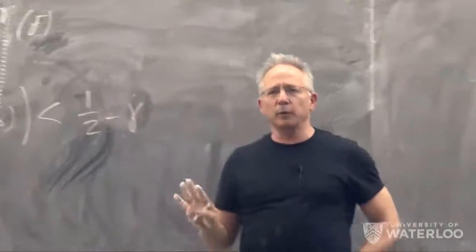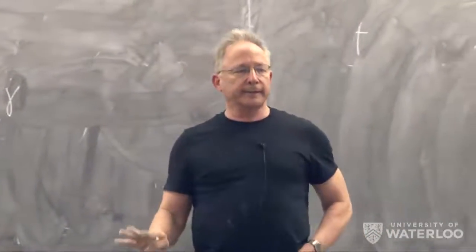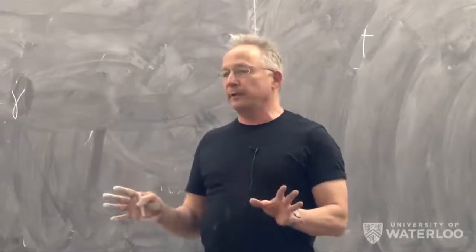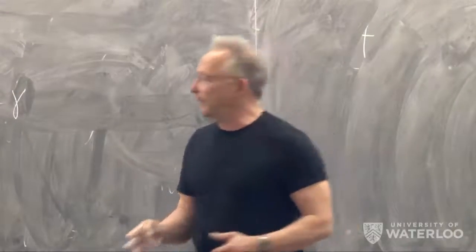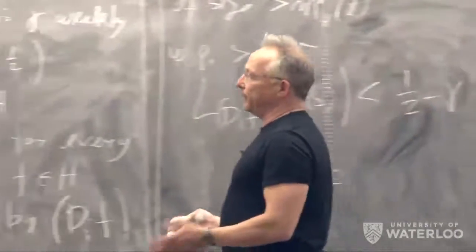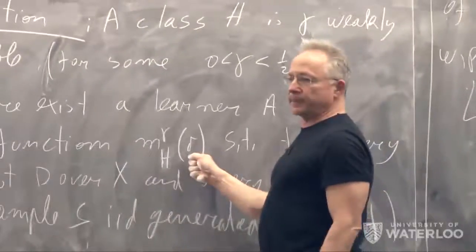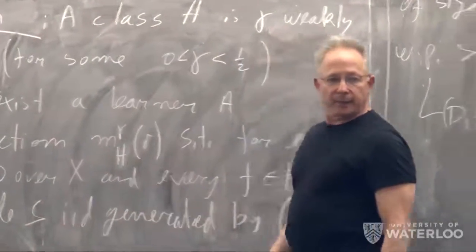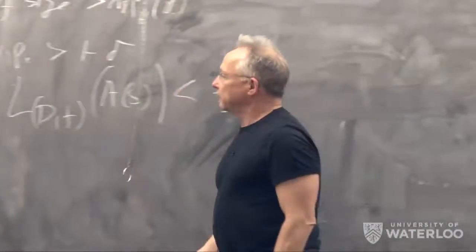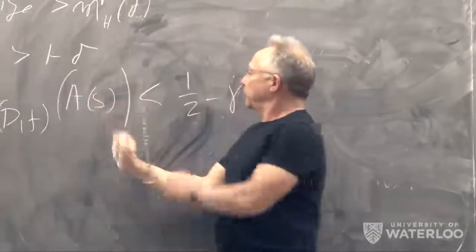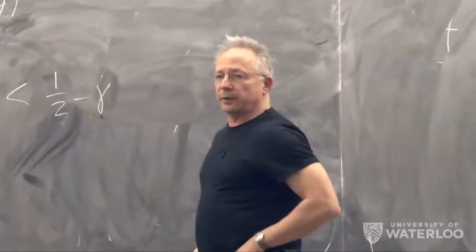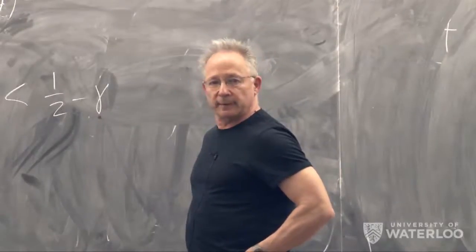So it is like our usual definition of PAC learning, except that epsilon disappeared. Rather than having a function that will tell you how many examples you need for any epsilon and delta, all I'm asking you here is to get precision, which is error at most half minus gamma.